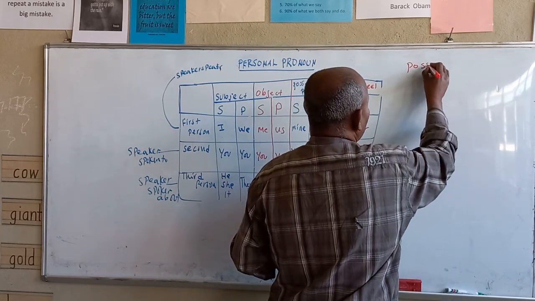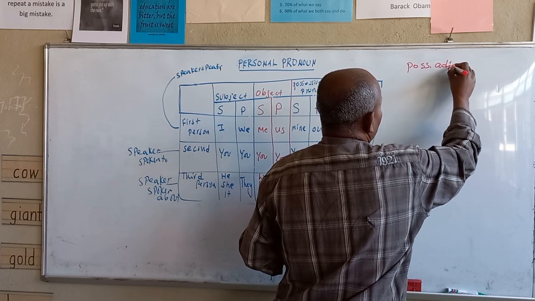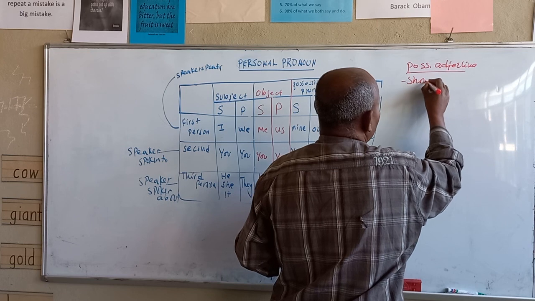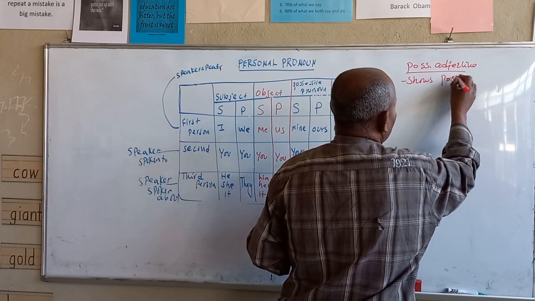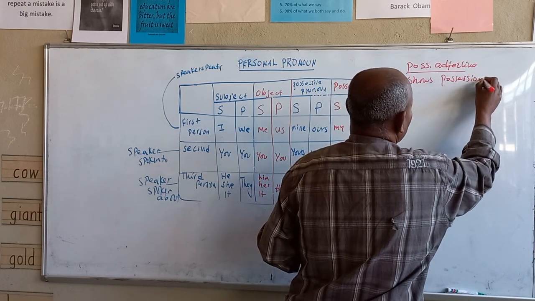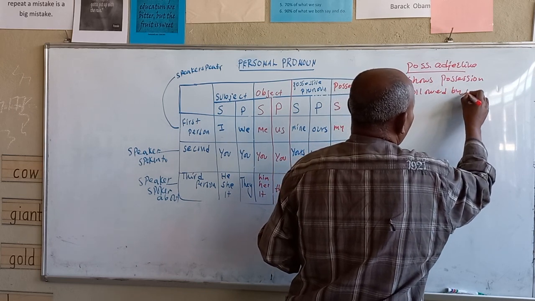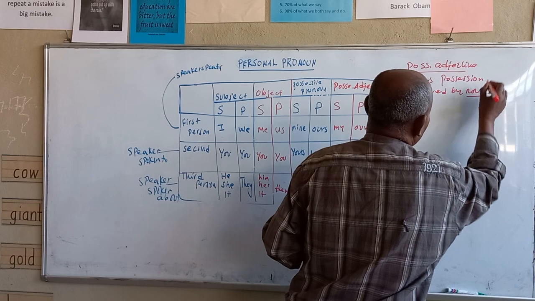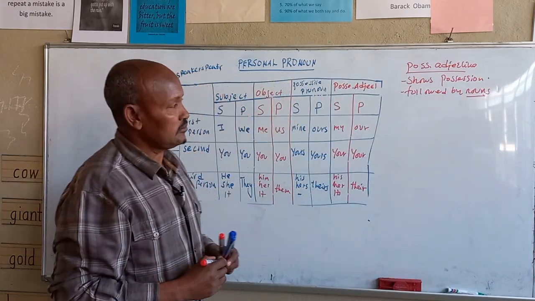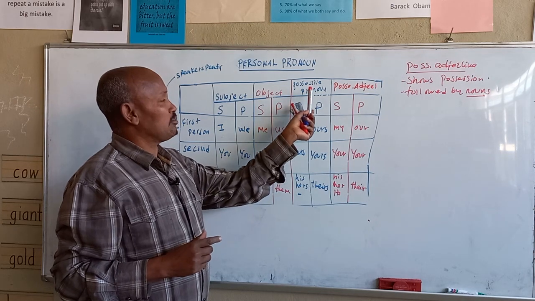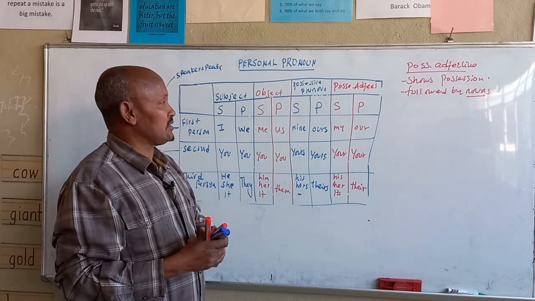So the possessive adjective shows possession, and it is followed by nouns, because they are called adjectives. The same as the possessive pronoun, but the difference is what?